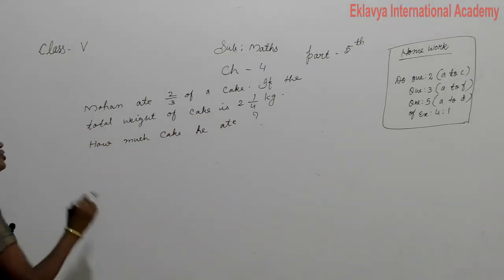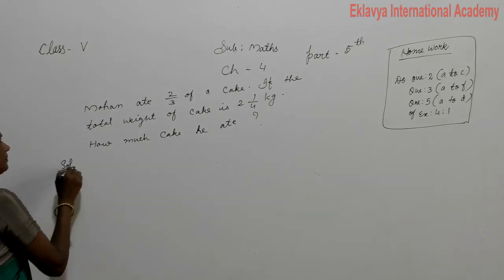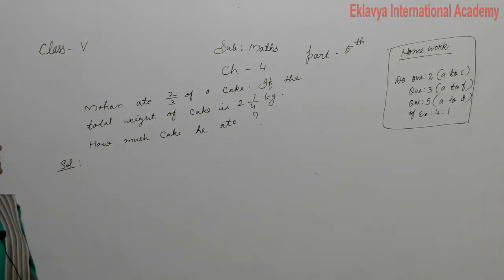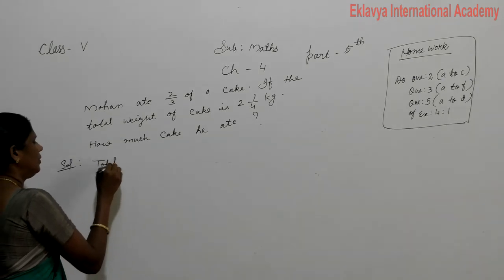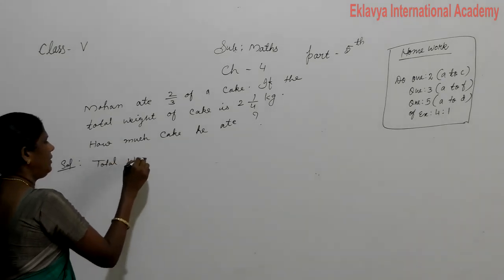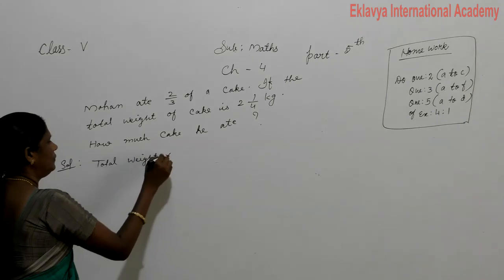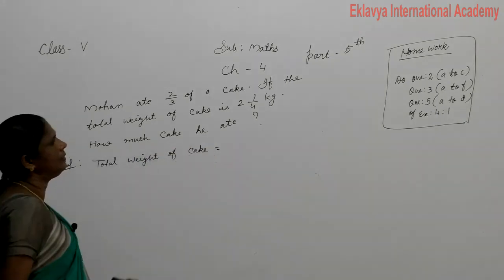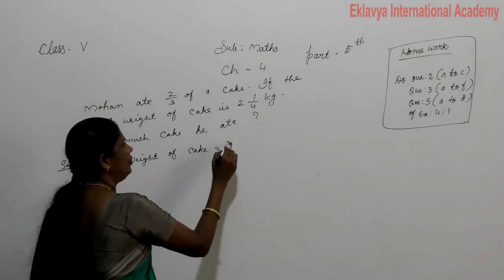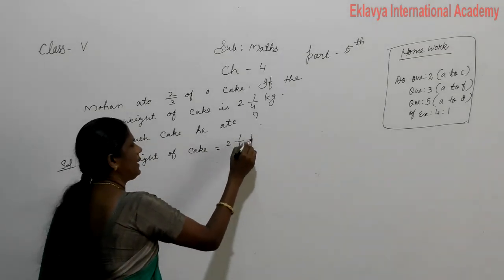Here, the solution. First we write: total weight of the cake is equal to 2 1/4 kg.